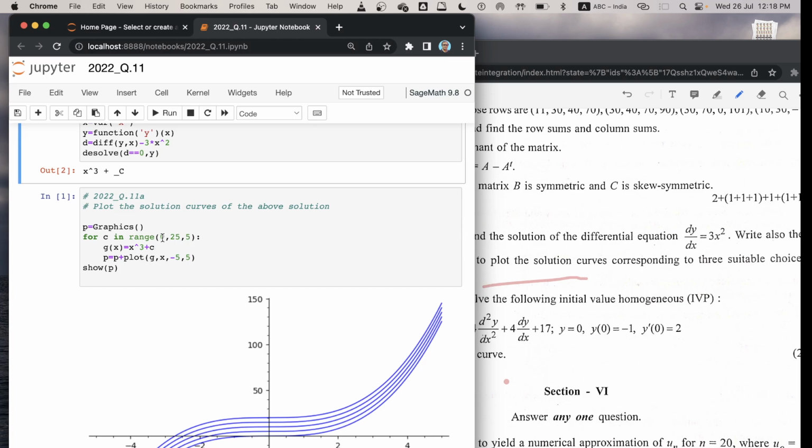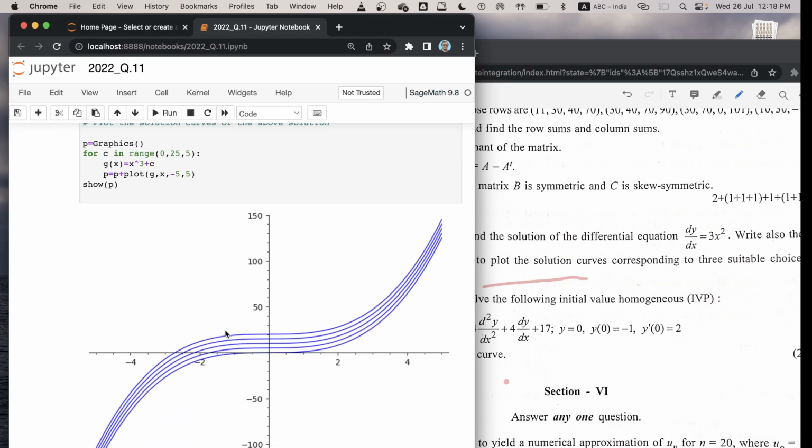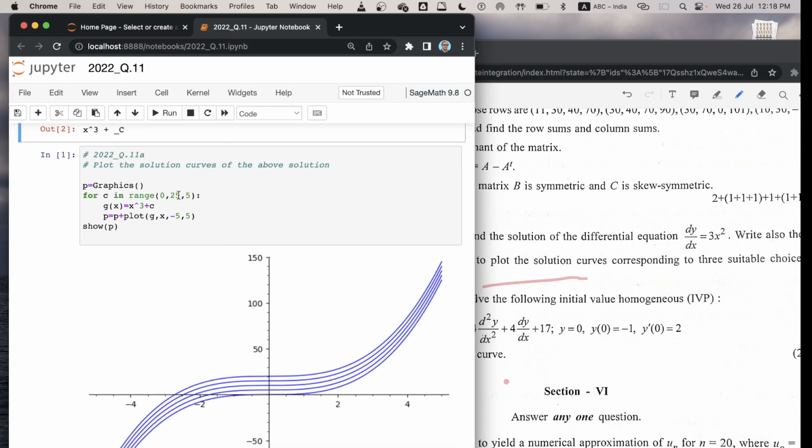Then gx equals x cubed plus c, and p equals p plus plot(gx, -5, 5). So p is the output.